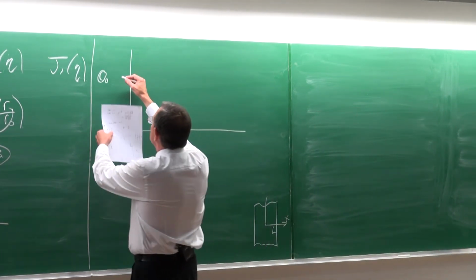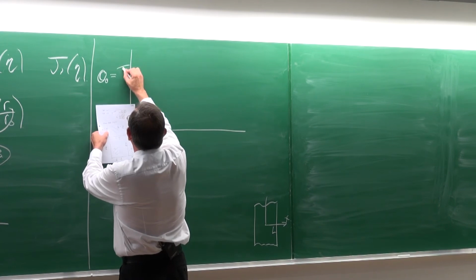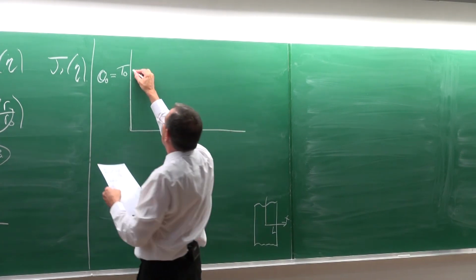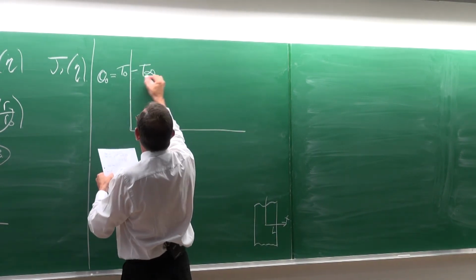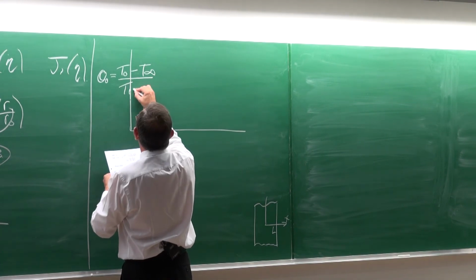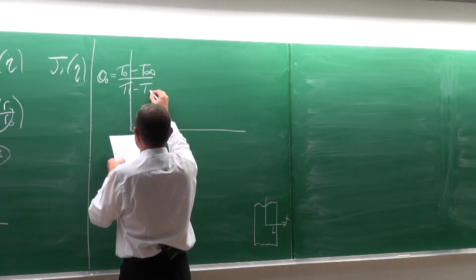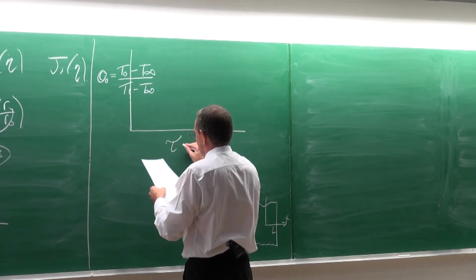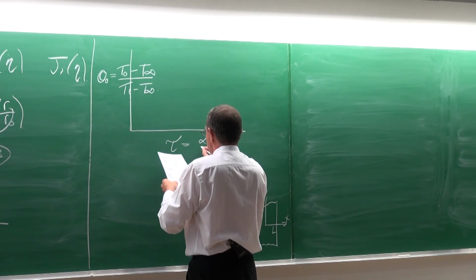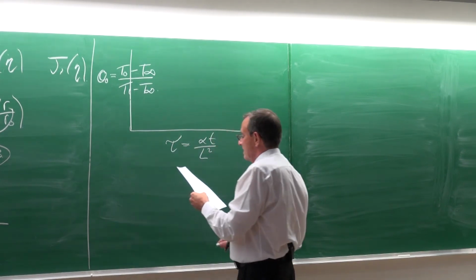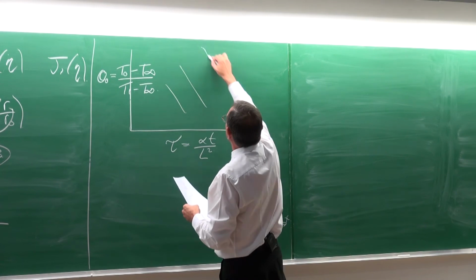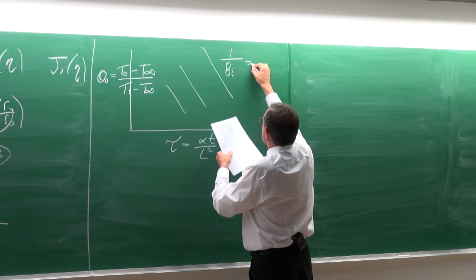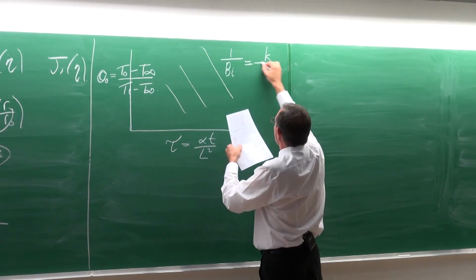Here it gives the non-dimensionalized temperature, and it writes it as the temperature at the center, T0, minus T infinity, divided by Ti minus T infinity, like that. And this is the non-dimensionalized time, which is equal to alpha t divided by L squared. And here are the results in terms of 1 divided by the Biot number, which is equal to k divided by hL.